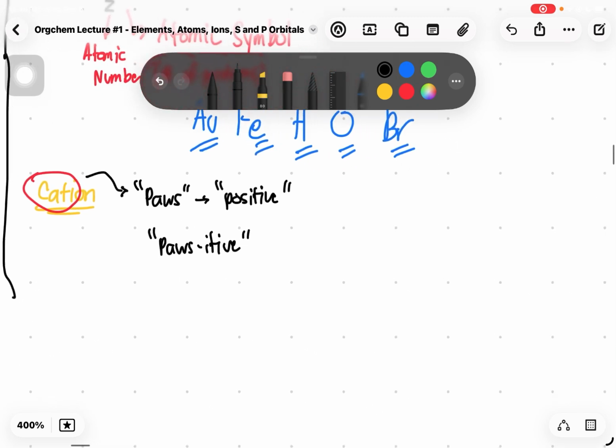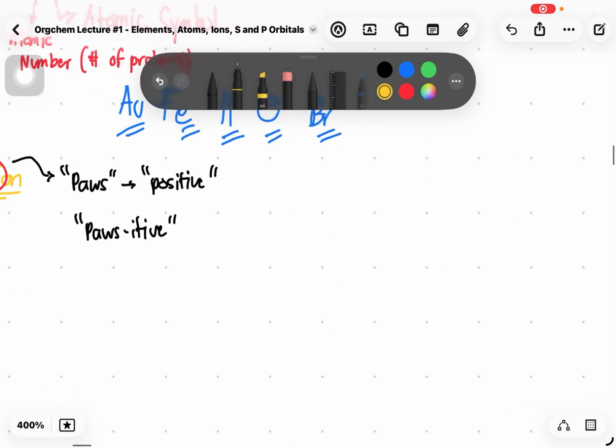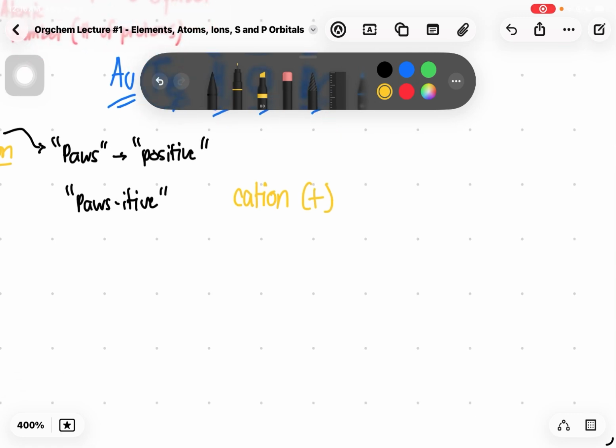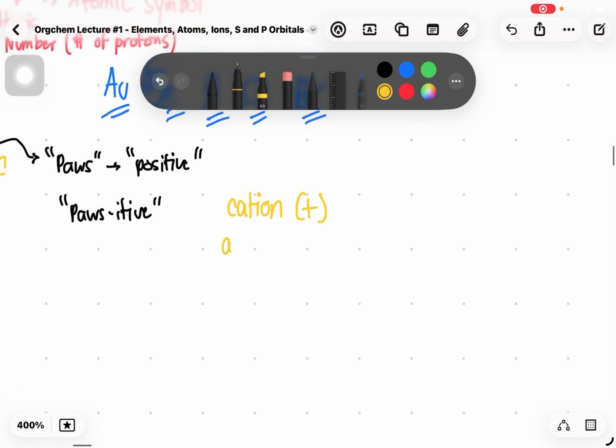That's just a quick way to remember it. So let's reiterate that. A cation is a positively charged atom and has fewer electrons than protons. An anion is a negatively charged atom and has more electrons than protons.